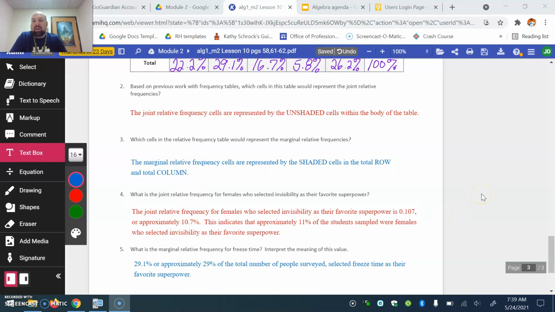I want you to go ahead and check your answer with what you see here with the answer key, and then bring it up in class if you have any questions. Essentially, I don't think this is going to be a very difficult thing to understand.